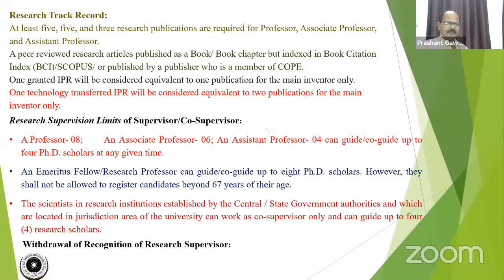They cannot mention books, but some institutions incorporate a peer-reviewed research article published in a book indexed by Scopus as a publication. For intellectual property, an IPR publication or a book is equivalent to one publication, again the main inventor only.